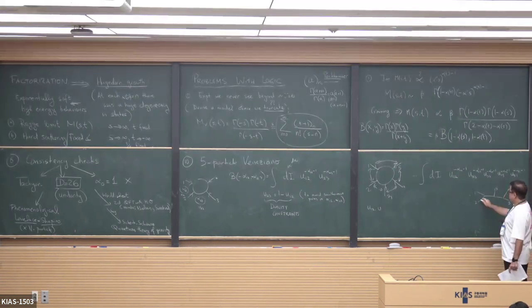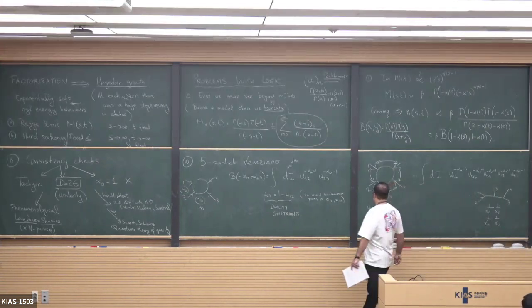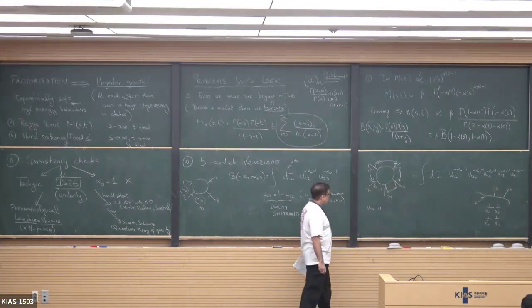You will realize that you can never have something that looks like 1 by alpha 1,2 times 1 by alpha 5,1, or alpha 1,2 and alpha 2,3. This is not allowed, because you're injecting momenta here, so these alphas cannot share a common index when you're writing down the corresponding possibilities for the poles.